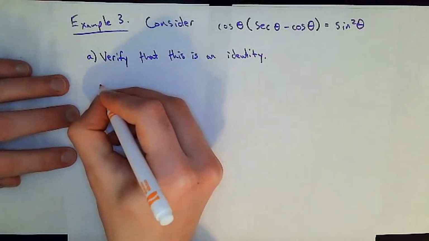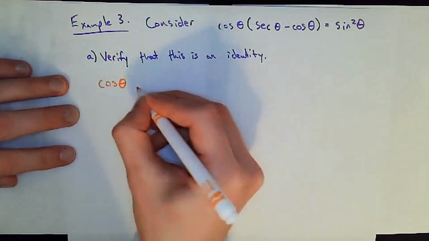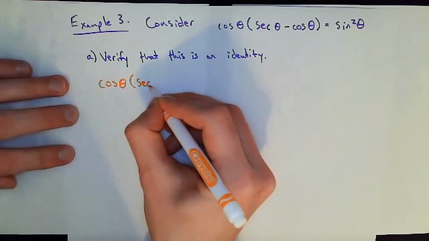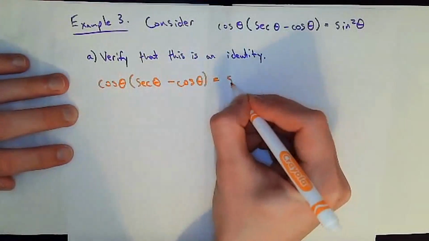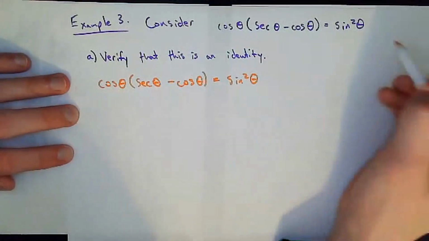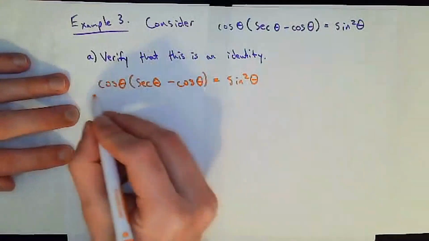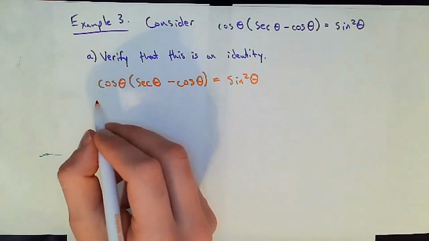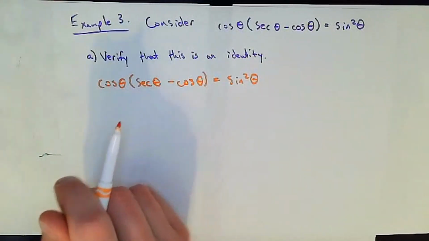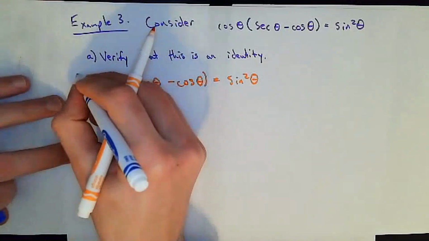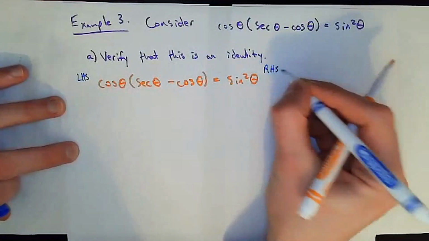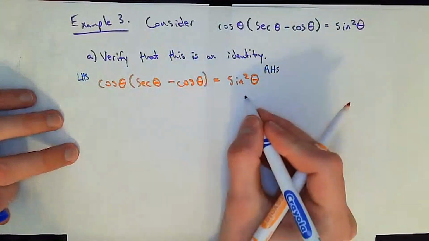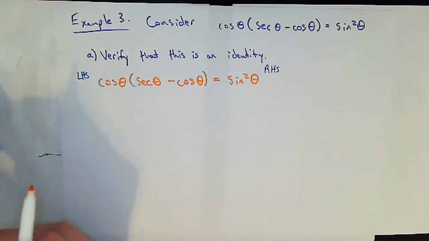All right, so here's what I do. First of all, let's get on the same page with naming the sides of these equations. I'm going to name this side the right-hand side, and this side the left-hand side. I'm going to denote that by LHS if I need to write it down. Left-hand side, right-hand side of the equation.